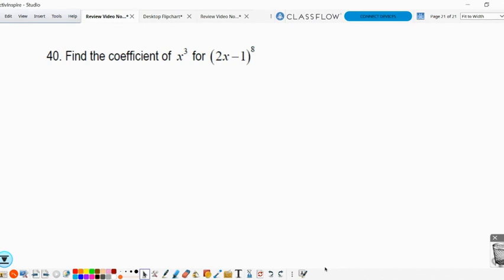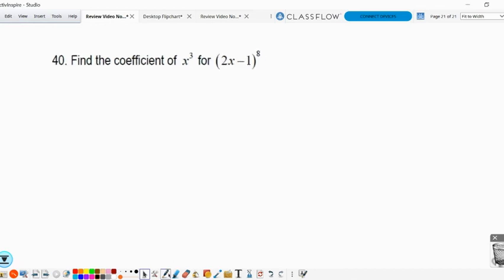So our first term would have 8 x's. Our second term would have 7 x's. Our third term would have 6 x's, and so on and so forth. So by the time we count down to x cubed, we are at our sixth term in the eighth row of Pascal's triangle.